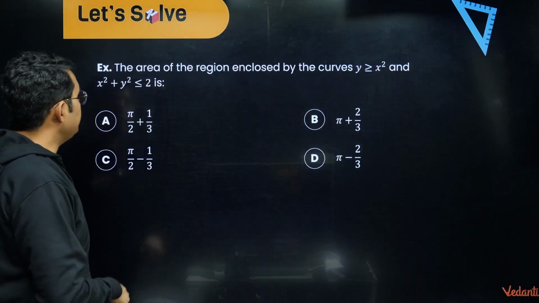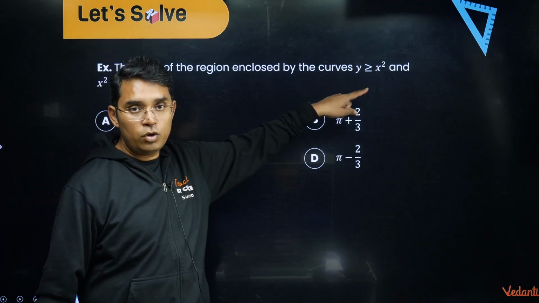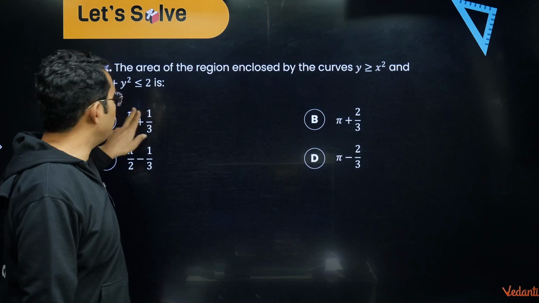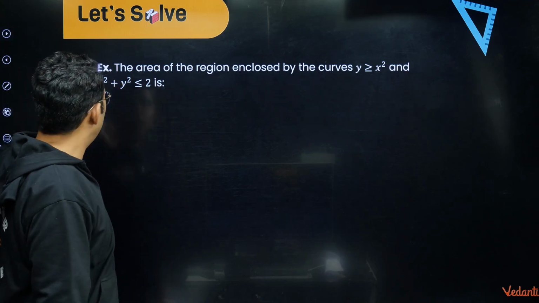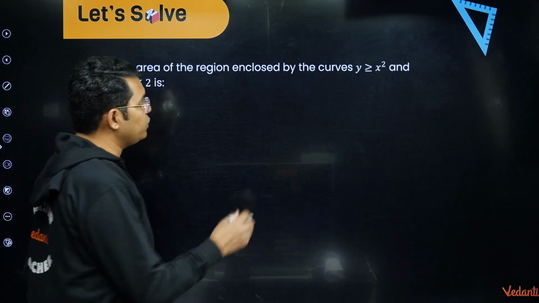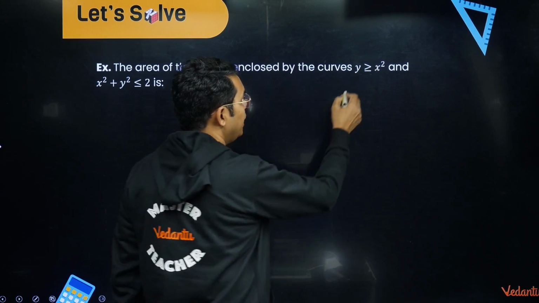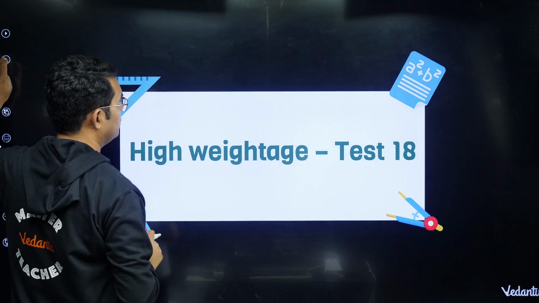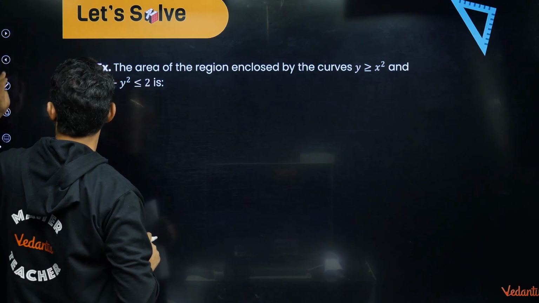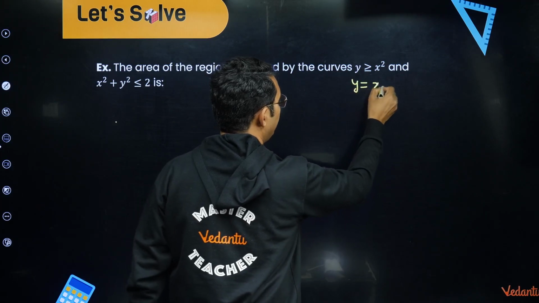This question says: area of the region enclosed by the curves y greater than or equal to x square and x square plus y square less than or equal to 2. Now to do this question, first of all, we should understand that if I ignore the inequation and just write y equal to x square, it will be a parabola.